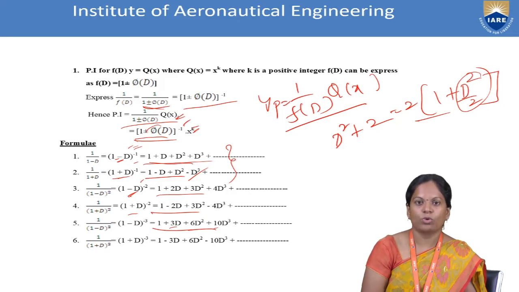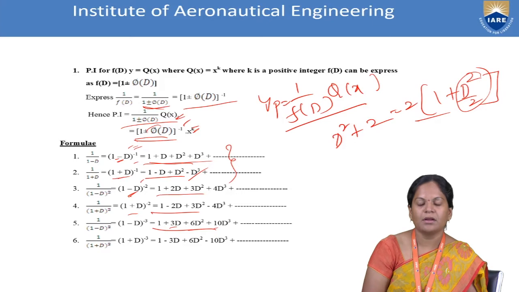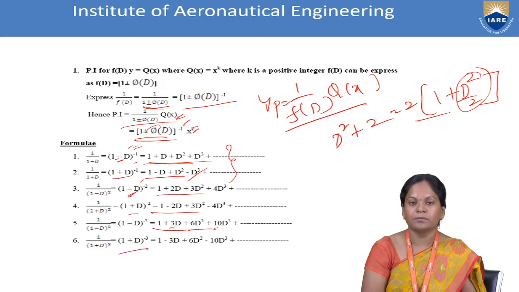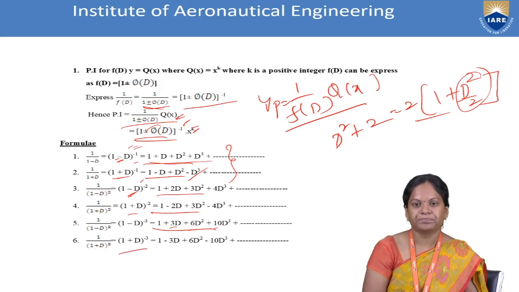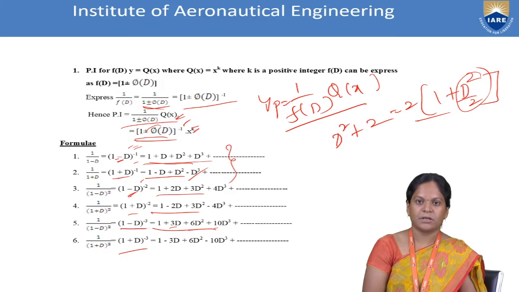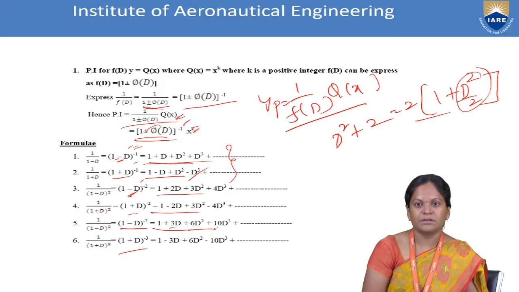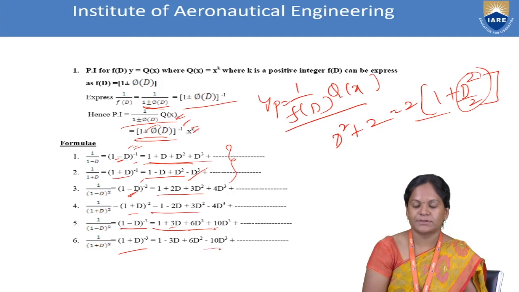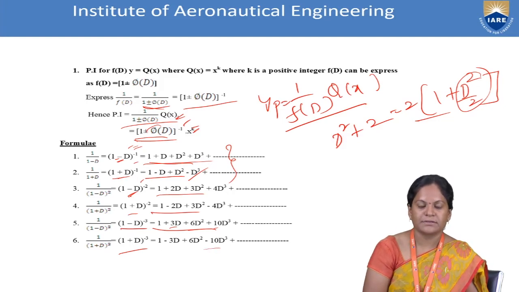And similarly, one more: (1 + D)^-3. What is (1 + D)^-3? It is 1 - 3D + 6D² - 10D³ + and so on.